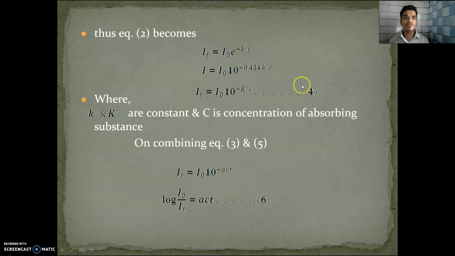So it is solved, the fourth equation. Here small k dash and capital K dash are constants and c is the concentration of the absorbing substance. On combining equations 3 and 4, it becomes It is equal to I0 10 raised to minus act, and log I0 upon It is equal to act, the sixth equation.